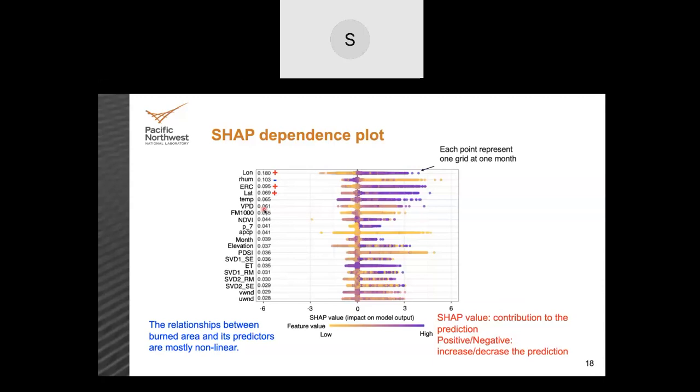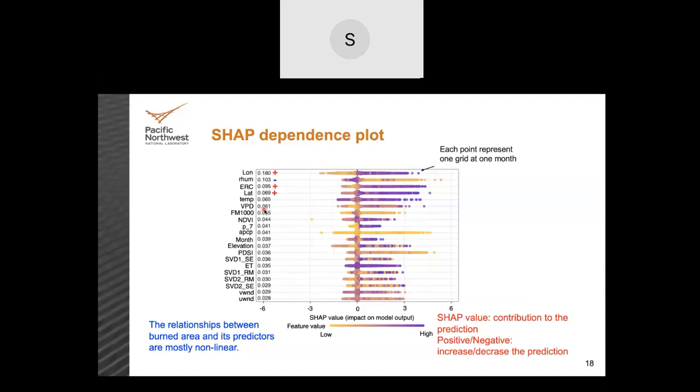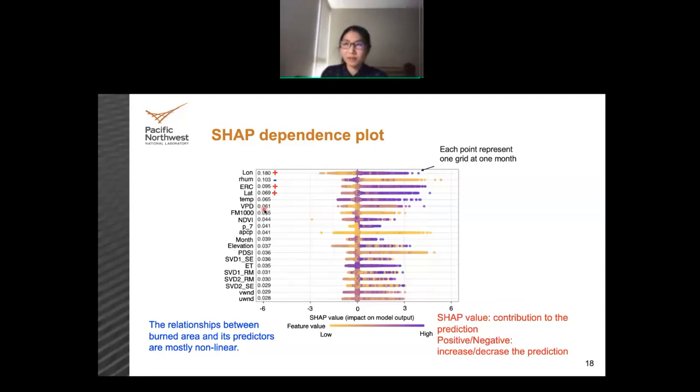Yes. So do you mean, is it possible that we use the same configuration, but we train on the European fires, for example? Yeah, I think it is feasible, but we might need to replace some of the predictors, because for European fires, probably some factors are important, but they are not included in the model. Does that make sense?